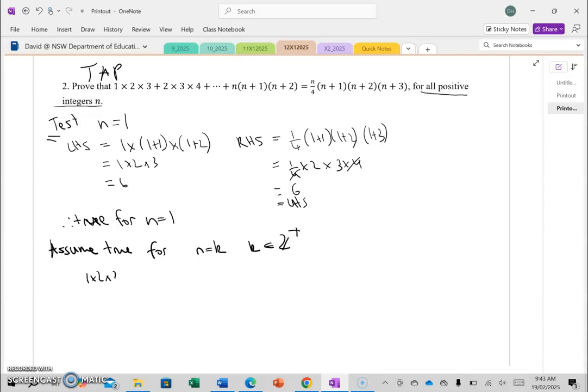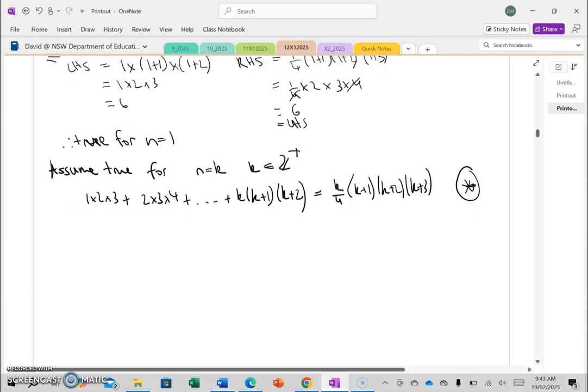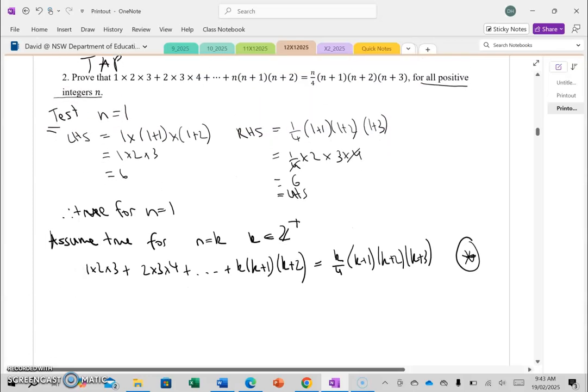So 1 times 2 times 3 plus 2 times 3 times 4 plus dot dot dot plus k times (k plus 1) times (k plus 2) equals k on 4, (k plus 1), (k plus 2), (k plus 3). And I'm going to call that star because we always use that assumption later. So that's the assumed true for n equals k.